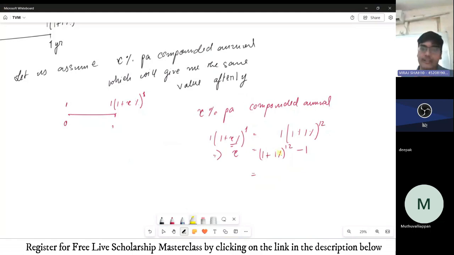We always start with whatever is within the bracket. So to the power 1 क्या होगा? 1 x ही रहेगा, into 1 क्या होगा? 1 plus x ही रहेगा। 1 into 1 plus x percent to the power 1. Can I write it as simply 1 plus x percent? तो अब मैं x percent को यहाँ रखा और -1 उधर ले आया। Got it? Sure.